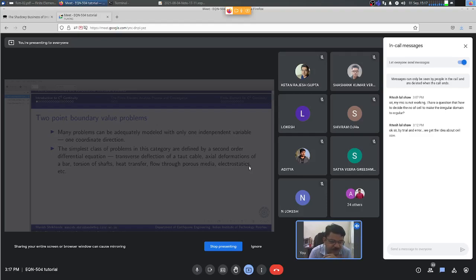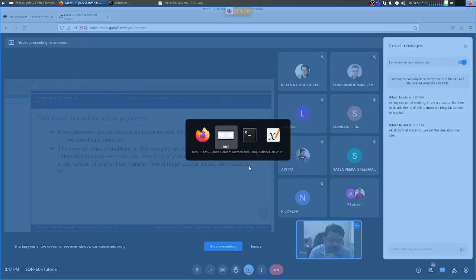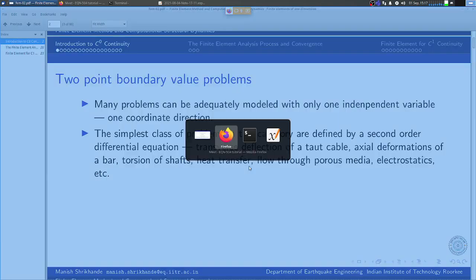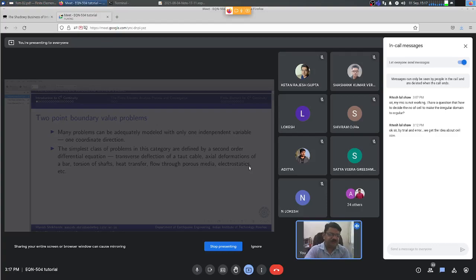So that is governed by this equation, and then we have axial deformations of a bar, torsion of shaft, heat transfer, flow through porous media, electrostatics, etc. So different problem domains, they are all defined by the same kind of differential equation. So it really doesn't matter whether you know it by axial deformations in a rod or a truss.